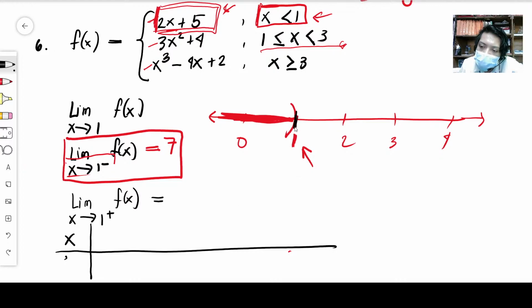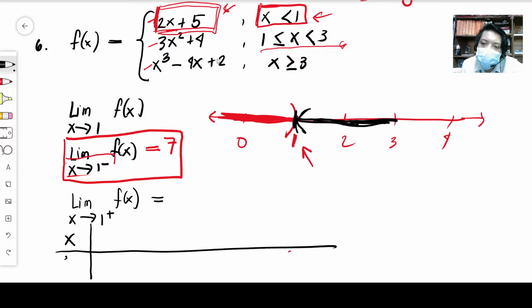Okay, this is 1, right here. Coming from the right, this region. Coming from the right of 1, to the right of 1, I mean. So this region right here is what we will use. Which one satisfies x coming from the right of 1?